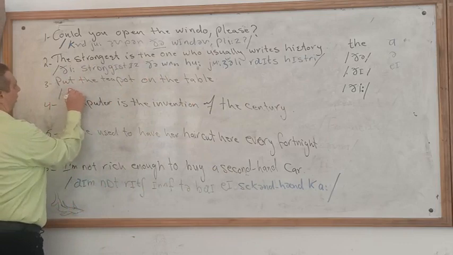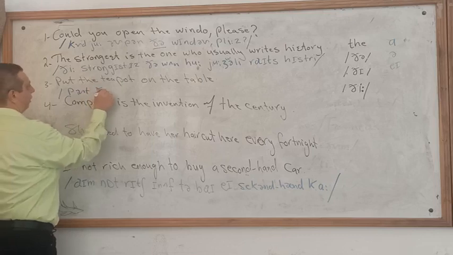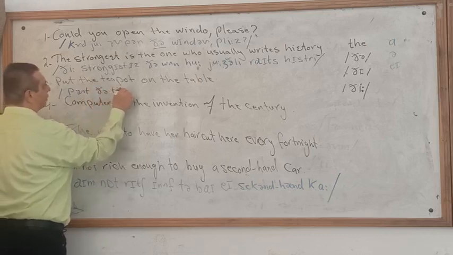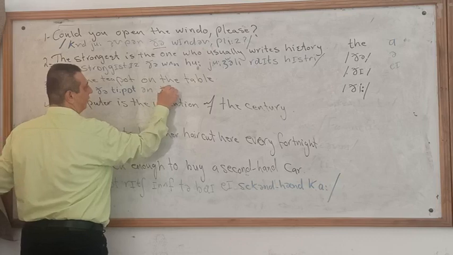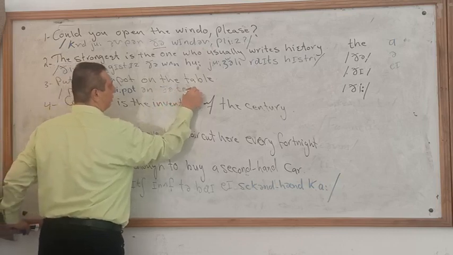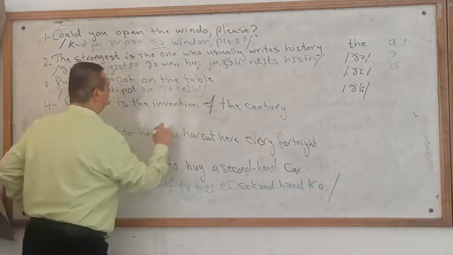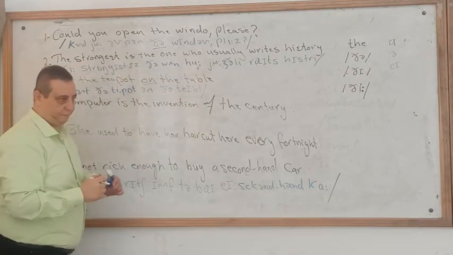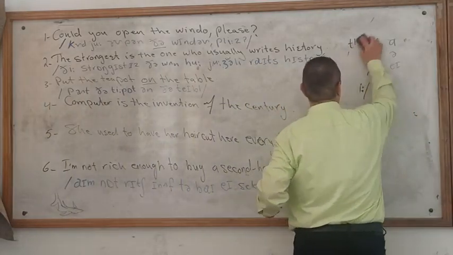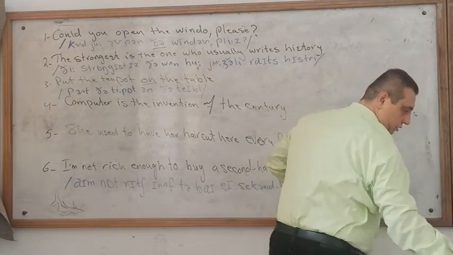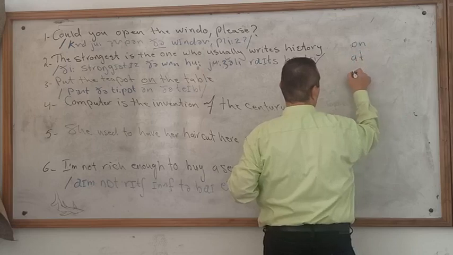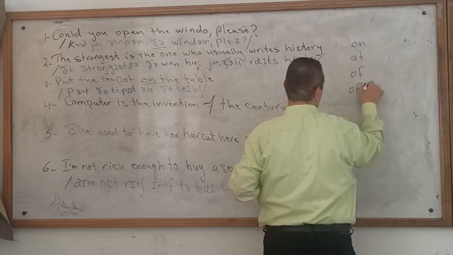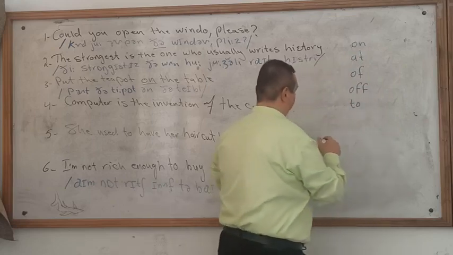Here, put that teapot on that table. So here we have on. On, at, of, to.